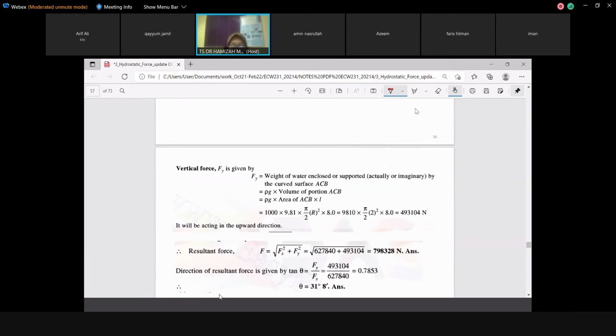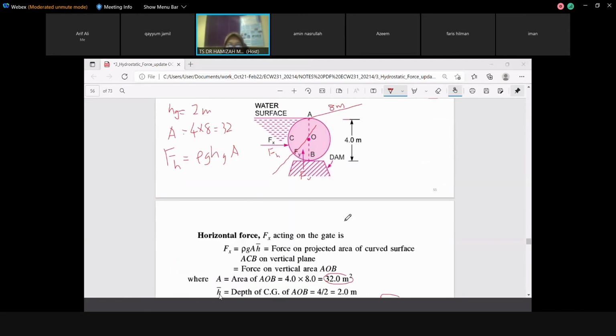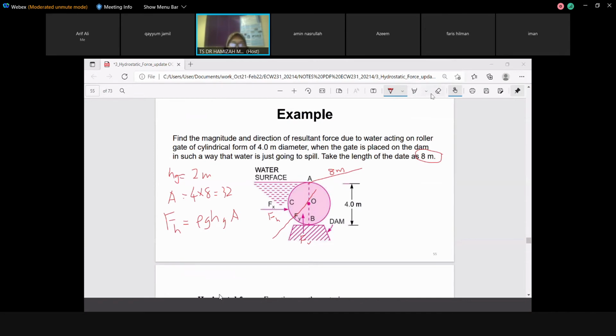Okay, finish for horizontal, we calculate for vertical. Vertical punya area or volume adalah volume of half circle. So, FV kat sini kan, so you pandang daripada vertical view, so you can see the shape of curve sampai surface.